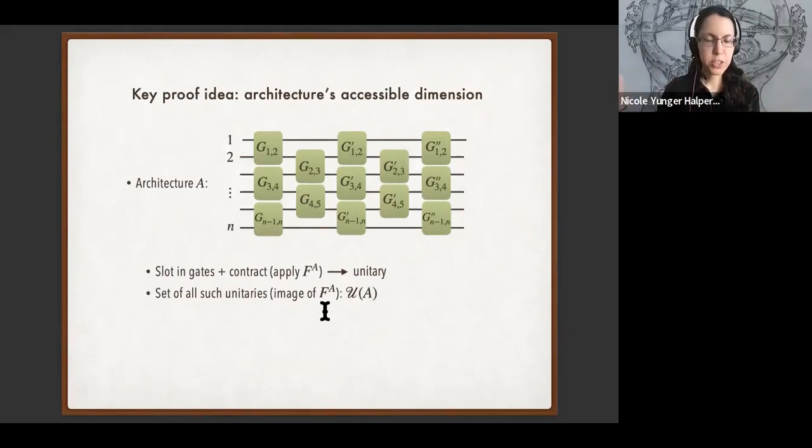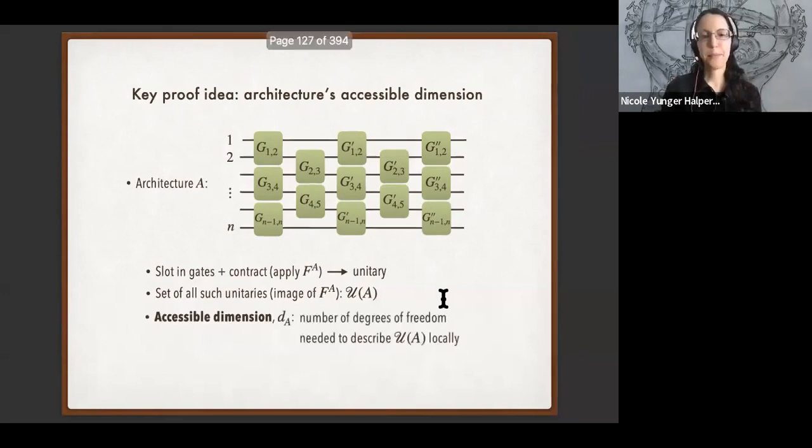And that set of all such unitaries I'll call calligraphic U of A. The accessible dimension of an architecture is intuitively the number of degrees of freedom that we need to describe this set of all unitaries implementable with the architecture locally.